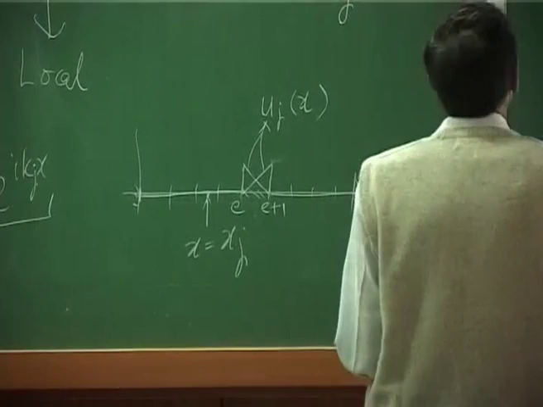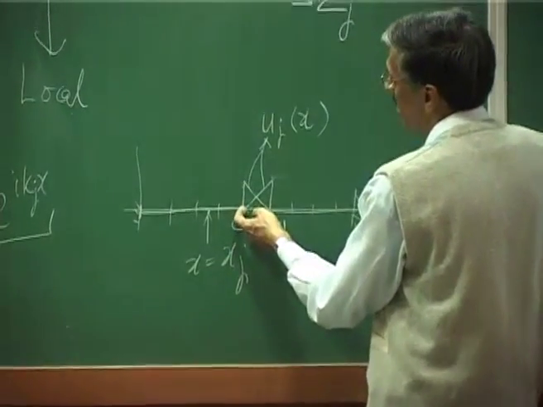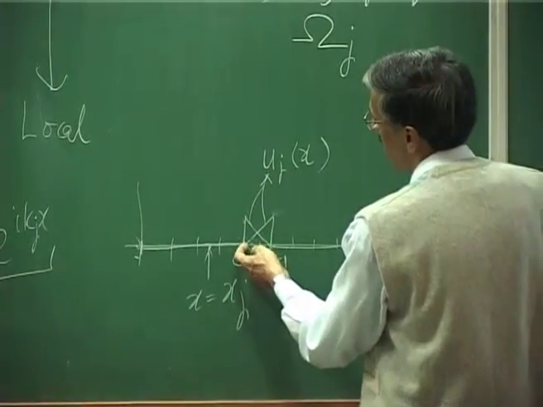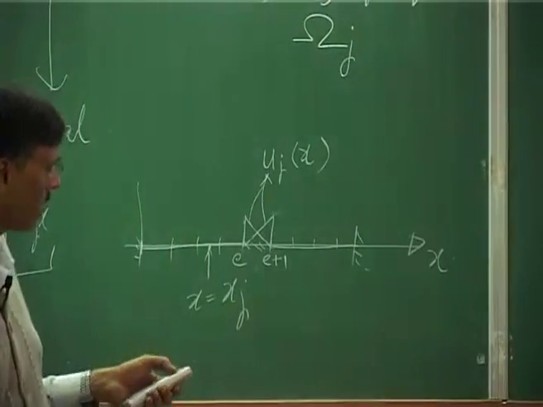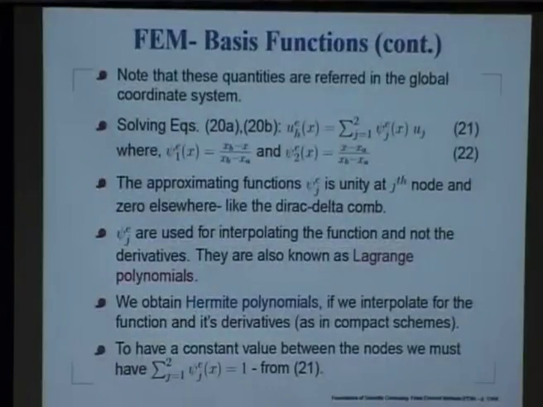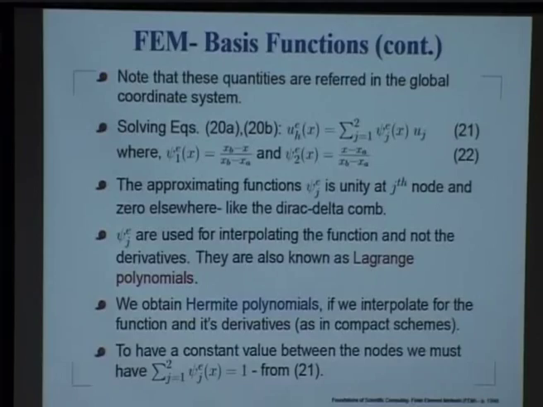So, what I am doing, I am fixing origin, let us say x equal to 0 here. So, I just see that this psi 1 of E and psi 2 of E are such that at x equal to xa, psi 1 of E is equal to 1, and at x equal to xb, psi 2 of E is equal to 1, and that is what I have shown here.